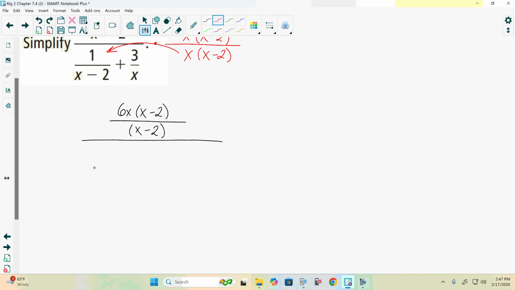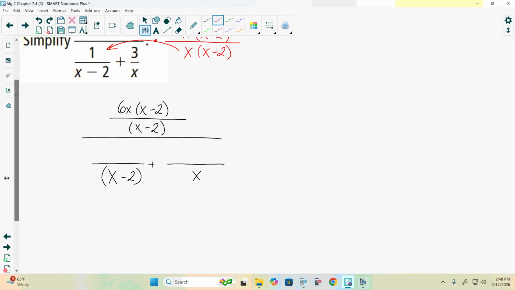Now we're going to do the same thing with the denominators. Now their denominators are not going to change. We're still going to have the x minus 2 and x. Now our 1 times x minus 2 is just going to be 1 times x minus 2, or we understand that that's just x times x minus 2.